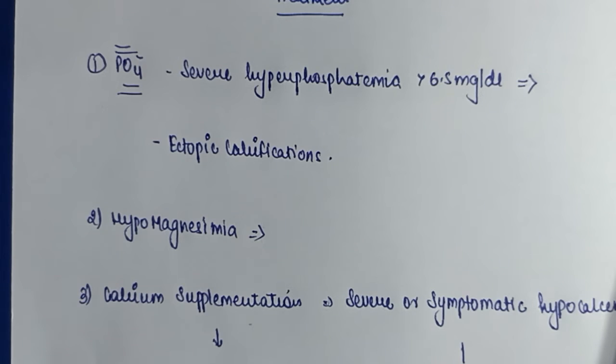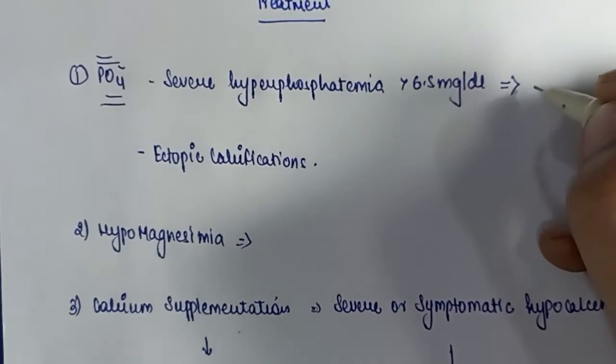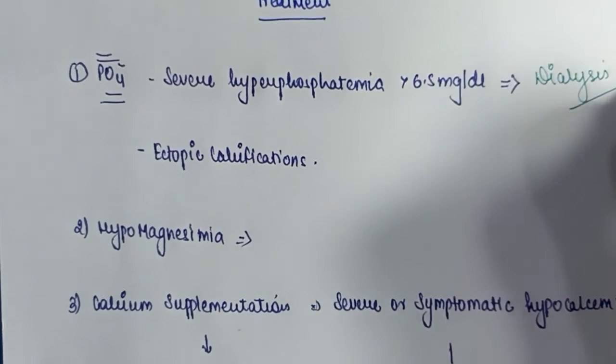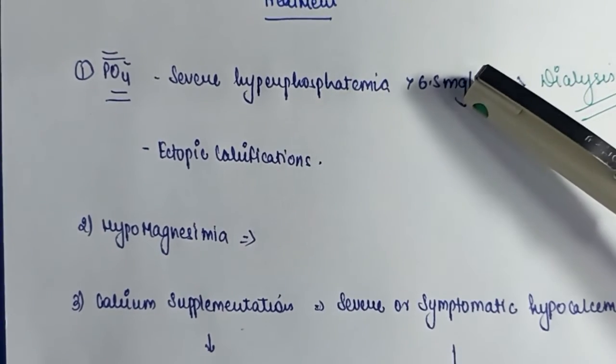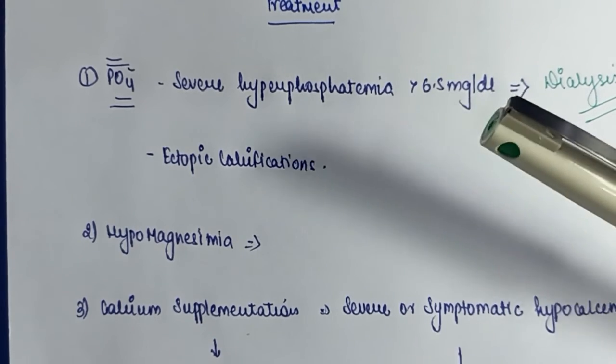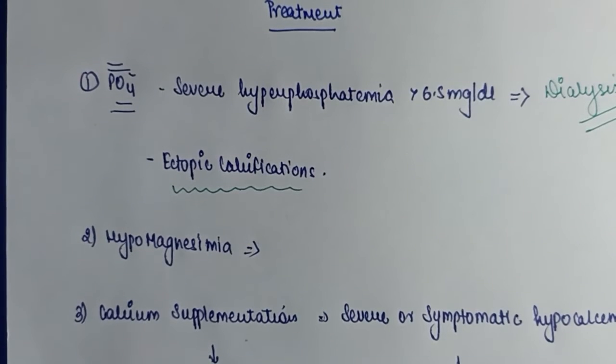If there is severe hyperphosphatemia, like in patients with CKD, if the serum phosphate level is more than 6.5 milligram per dl, you should go directly to dialysis, because there is hyperphosphatemia and if you give the patient calcium from outside, there can be ectopic calcium phosphate chelation and ectopic calcification.